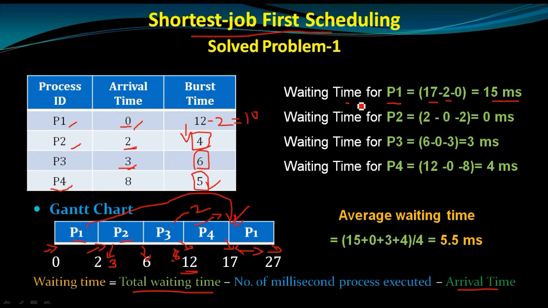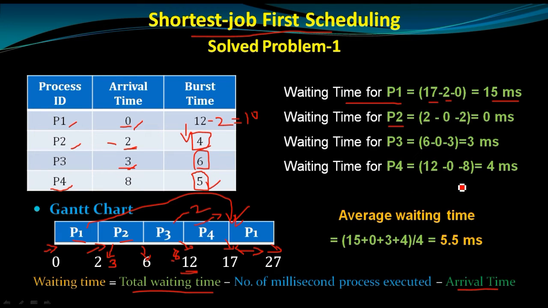Similarly, for P2 we can calculate the total waiting time. It is arriving at 2 millisecond and it is immediately occupying the CPU. So its waiting time is 2, minus the number of milliseconds the process executed, that is 0, and arrival time is 2.